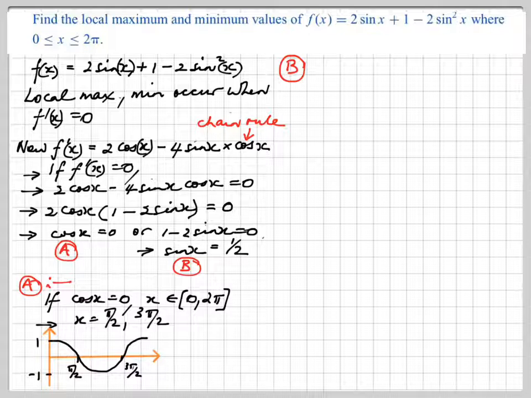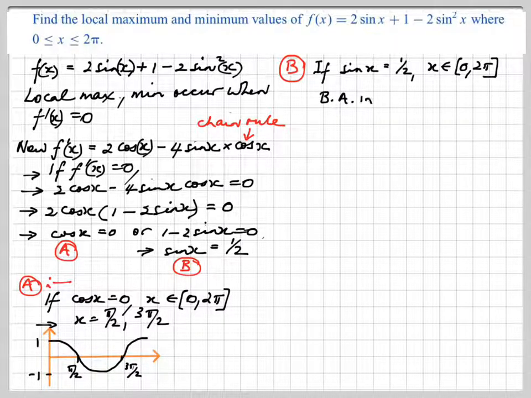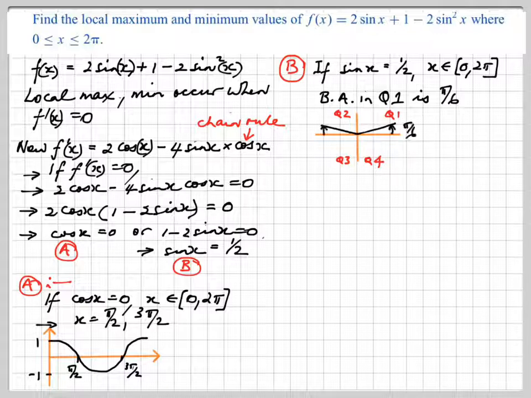Now here comes B. And sine x equals a half. Well, let's do a quadrant diagram for this one. The basic angle in quadrant 1 for sine being a half is pi on 6. Now, there's my fairly primitive quadrant diagram. For sine being positive, we want quadrant 1 and quadrant 2. So there they are.